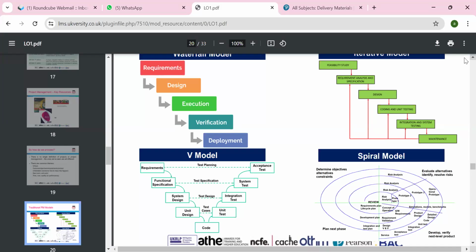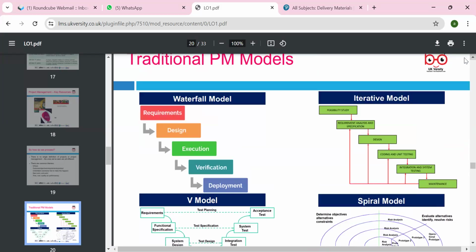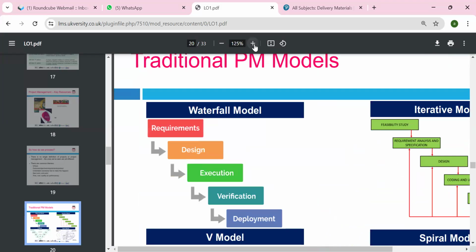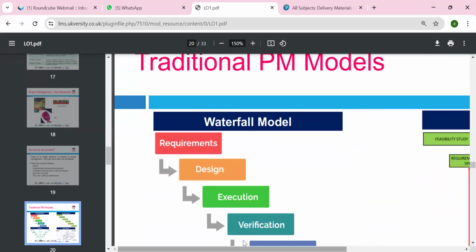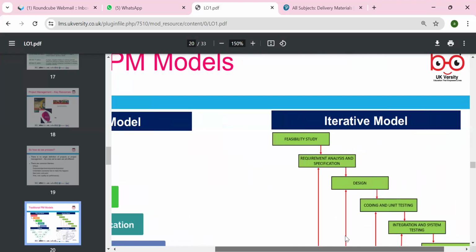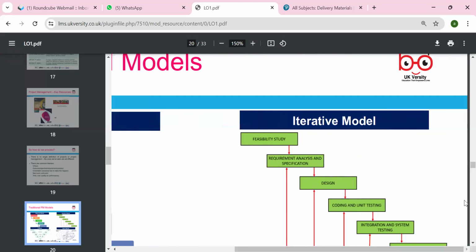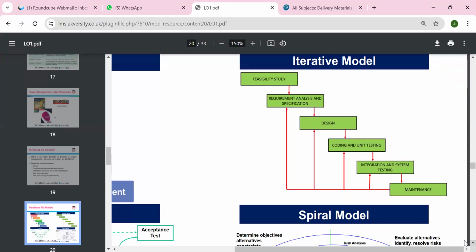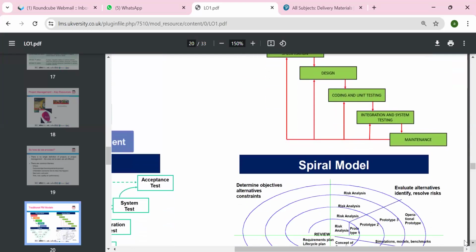We can look at the iterative model, which is also quite good to look at, to meet the requirements and stages of the project, from feasibility study to requirement analysis, design, coding, and of course integration of the system and the maintenance.